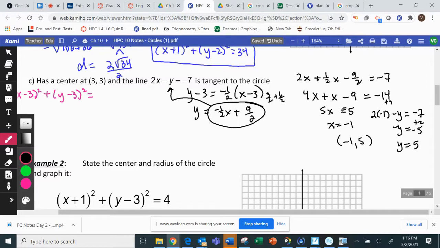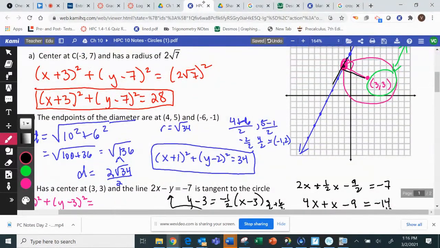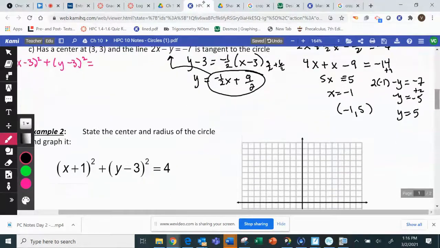All right, so I got an ordered pair of -1, 5 by using substitution. So now we can use our distance formula to find the distance between the 2 points.